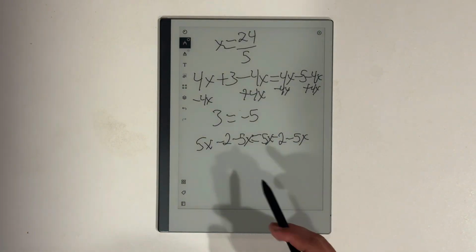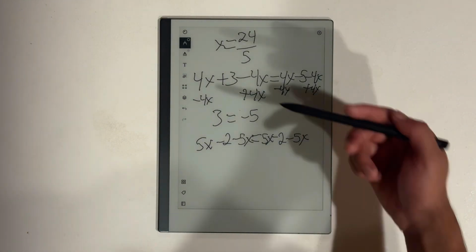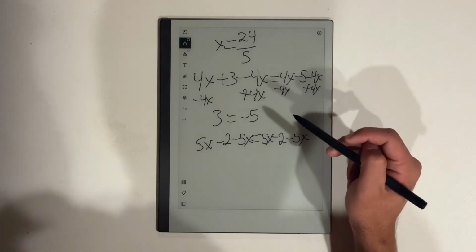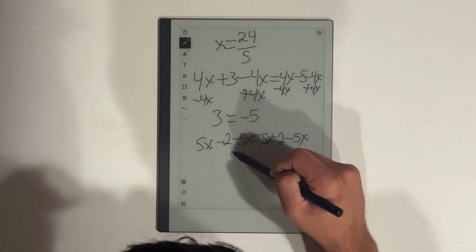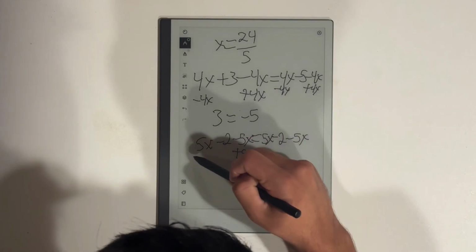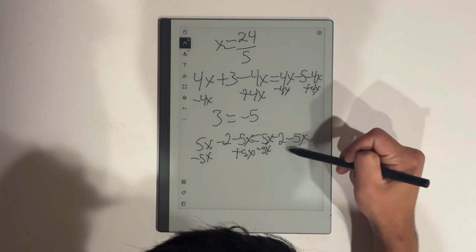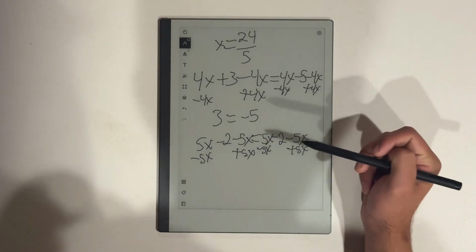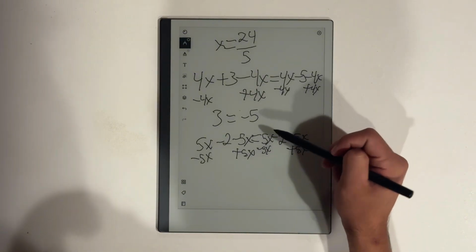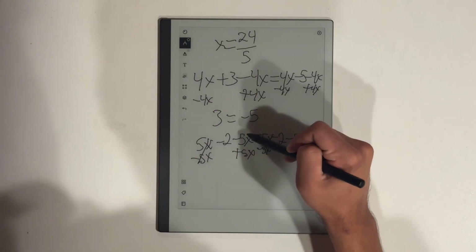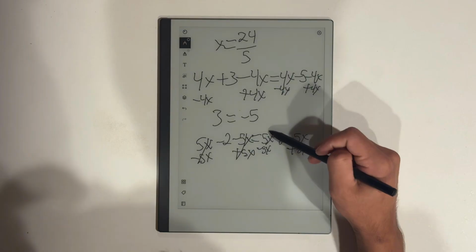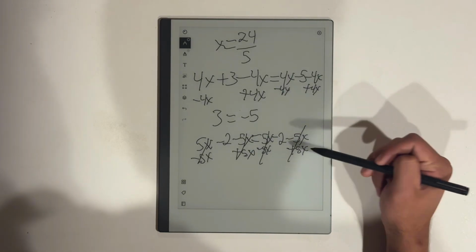So this is going to be pretty much the same concept as this one up here. We're going to want to do plus 5x, minus 5x, minus 5x right here, plus 5x. So after that, these are going to cancel out, obviously.